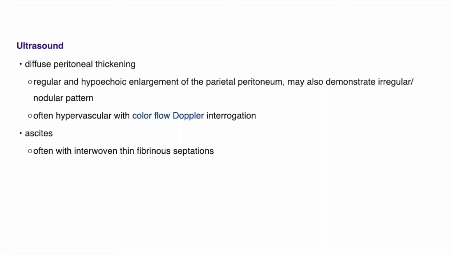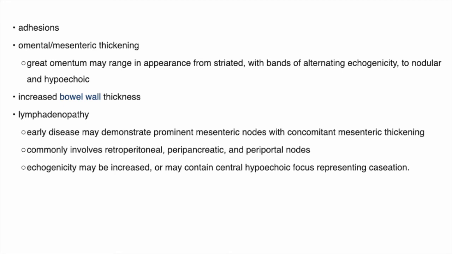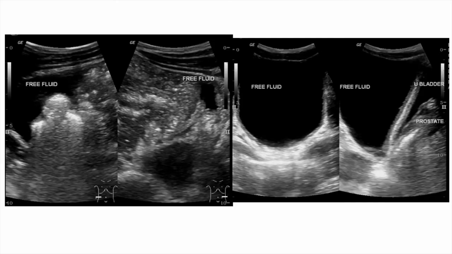Radiological signs on ultrasound include diffuse peritoneal thickening, ascites, adhesions, omental and mesenteric thickening, increased bowel wall thickness, and lymphadenopathies. So these are samples of what you're going to see in the ultrasound.